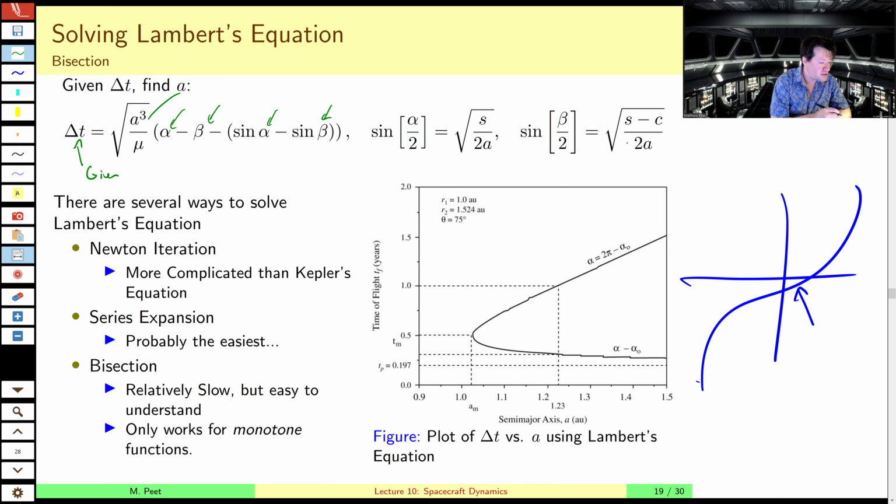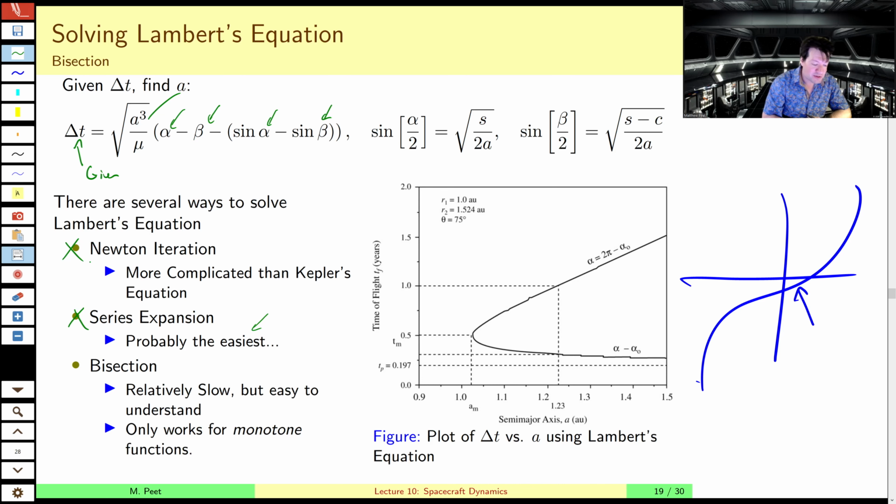Another approach is to approximate the right-hand side with a series expansion, and then perhaps use Newton's algorithm to solve for it, or to find an expression for A specifically in terms of a series expansion on T. This is actually an approach taken in several textbooks. And I believe when these problems were initially being solved, Gauss used some kind of series expansion to solve Lambert's equation. But anyway, we're not going to do that, and we're not going to use Newton. We're going to use good old reliable bisection algorithms.